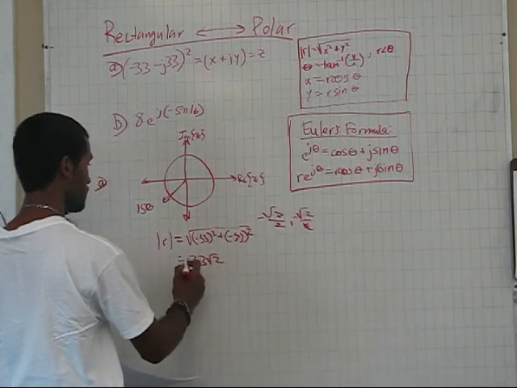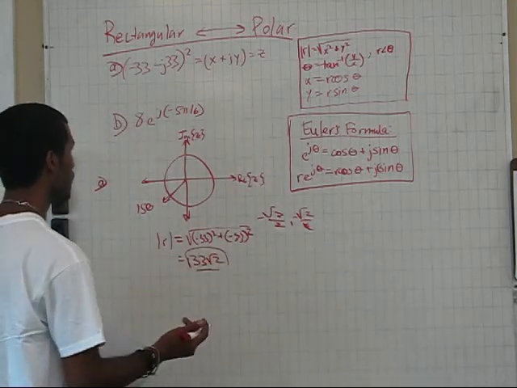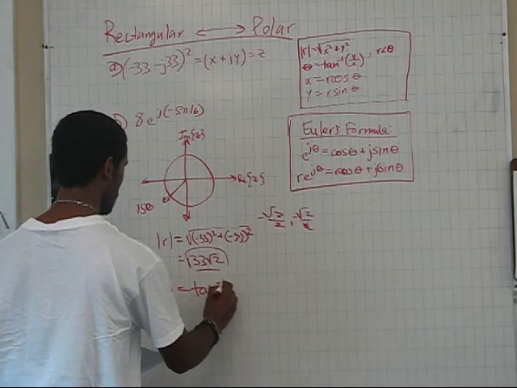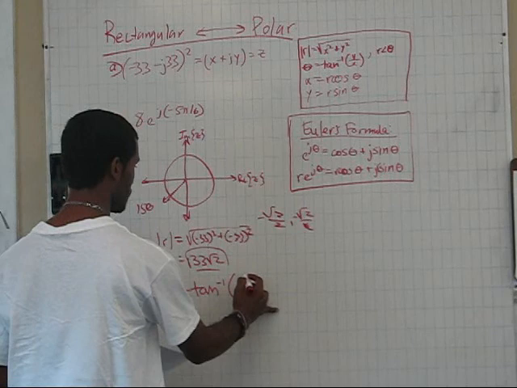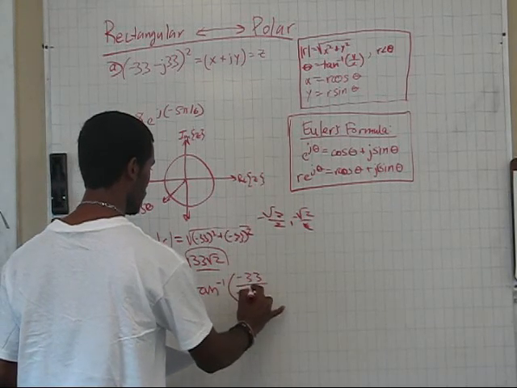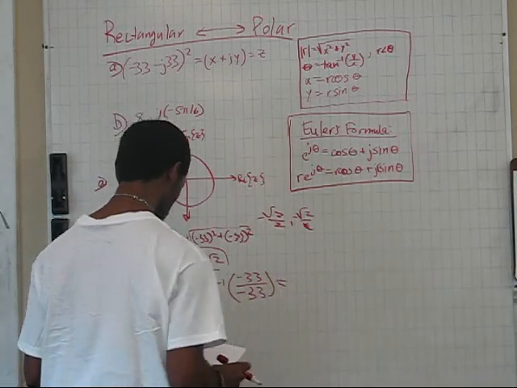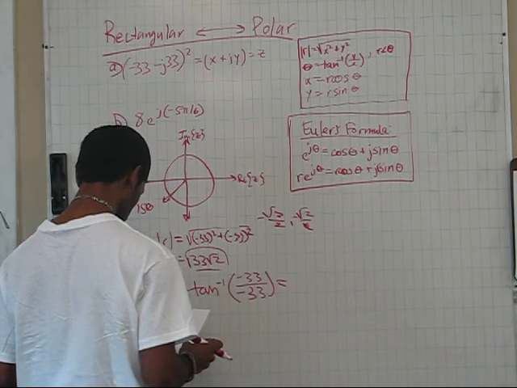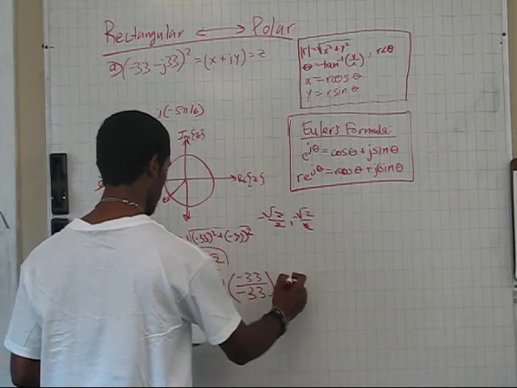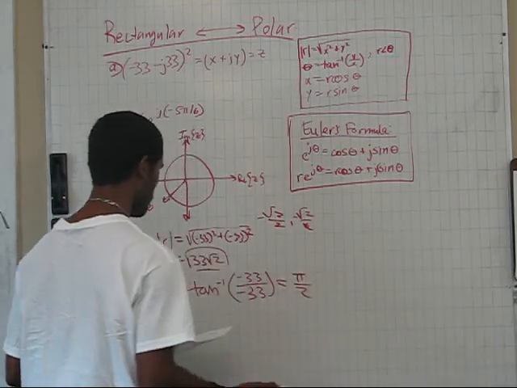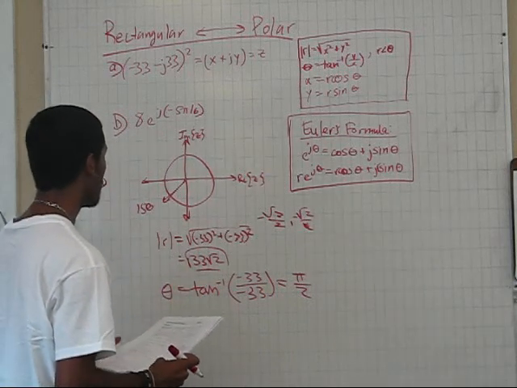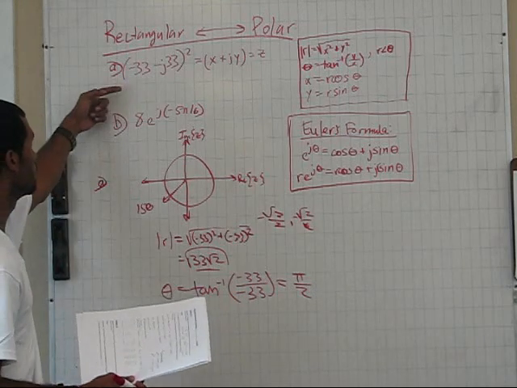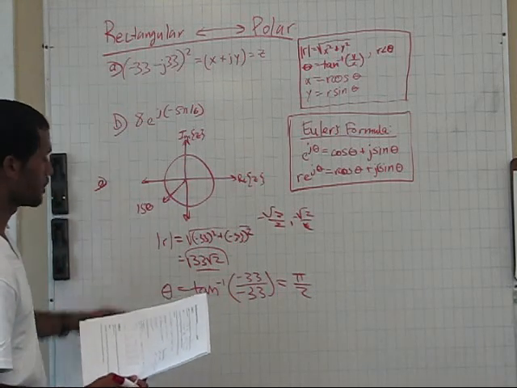They're all negative, so that's your magnitude. And to figure out phase, theta is equal to inverse tan of y over x. So in this case, negative 33 over negative 33, which will get you pi over 2 basically. And that's basically it. You just do the simple calculation between r and theta to figure out from the rectangular to polar.